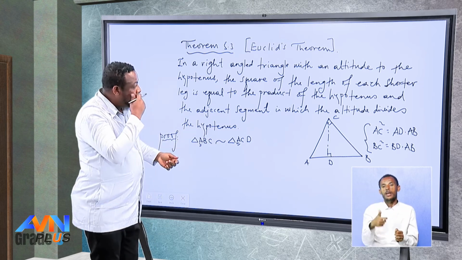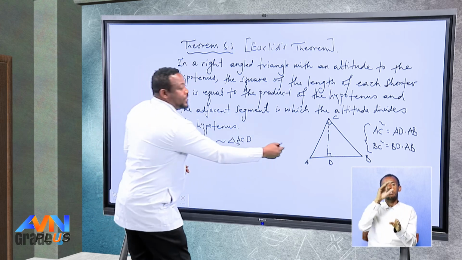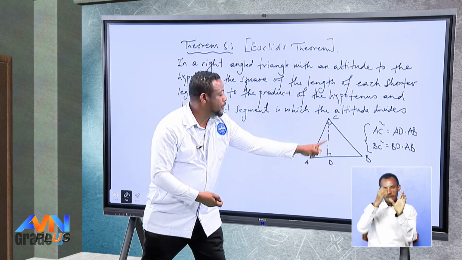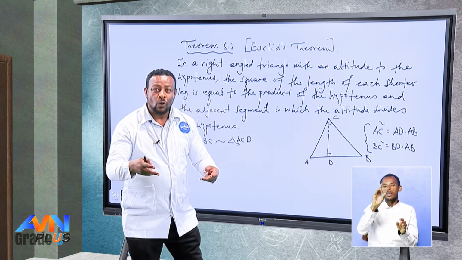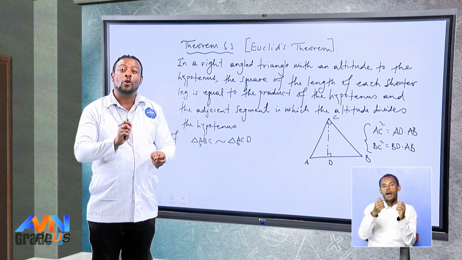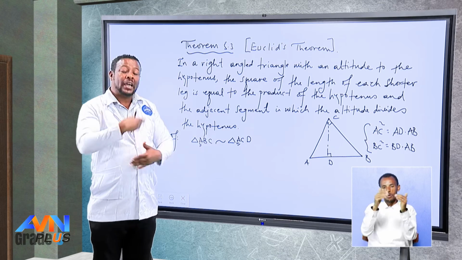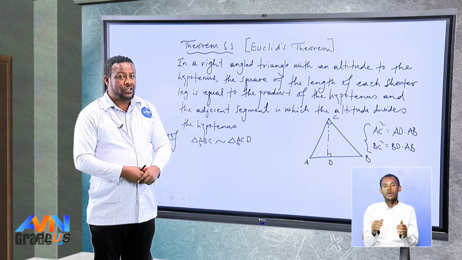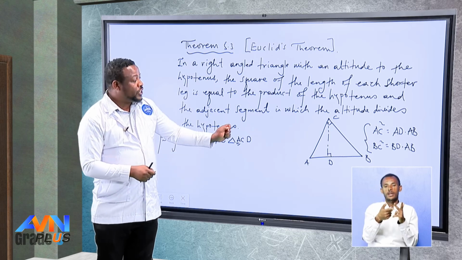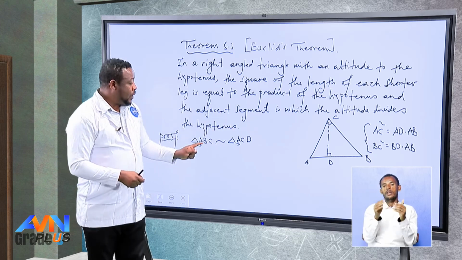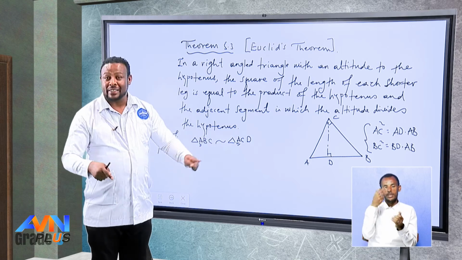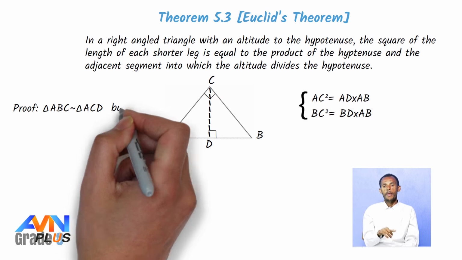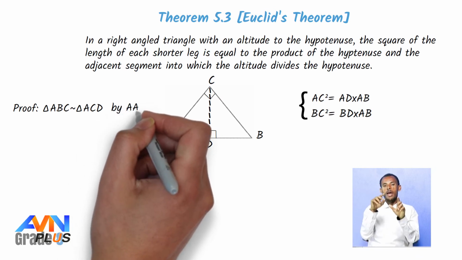The other thing, at C, triangle ABC forms 90 degrees, and triangle ACD forms 90 degrees at D. So you can see that there are two congruent angles in these two. By default, their third angle will also be congruent, but we don't need the third. So from these two congruent angles, we can say that these two triangles are similar by angle similarity, right?